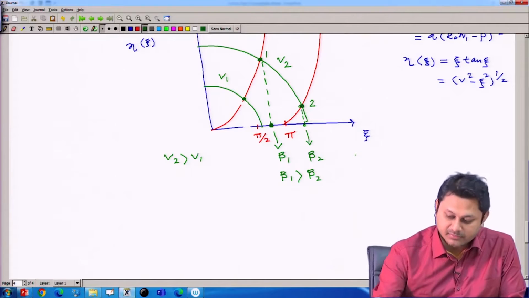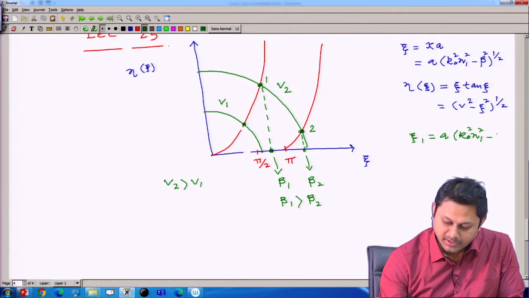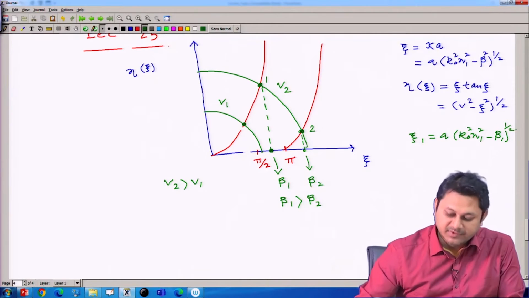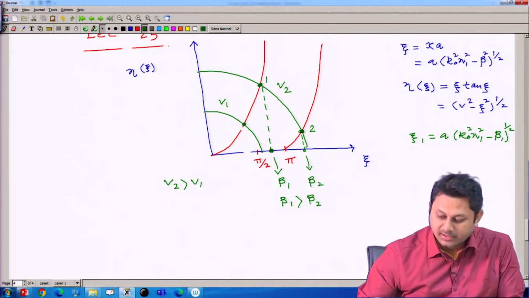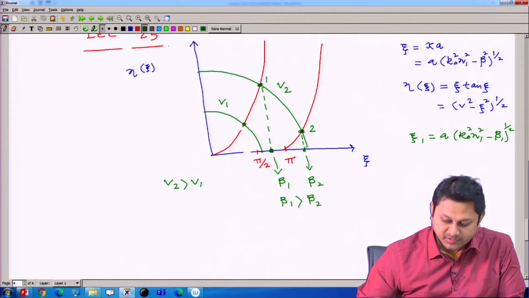Beta I extract from xi. From here I can see that xi 1 is equal to a (k 0 square n 1 square minus beta 1 square) whole to the power half. So, if xi is high, then the corresponding beta is low.